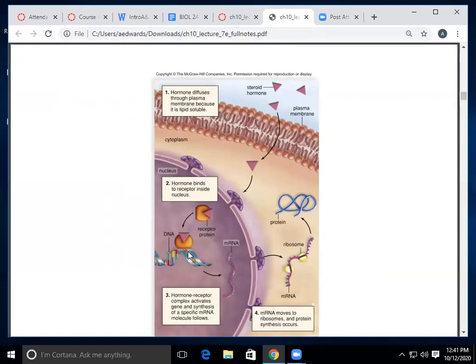That mRNA then leaves the nucleus, binds a ribosome, translation occurs, and makes protein. So it's a different way of influencing the cell. You can either use what's already there, or you can influence the creation of what you need to have happen. Different ways of influencing what happens in the cell.